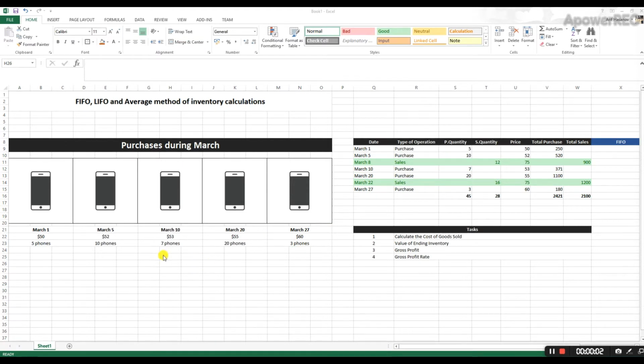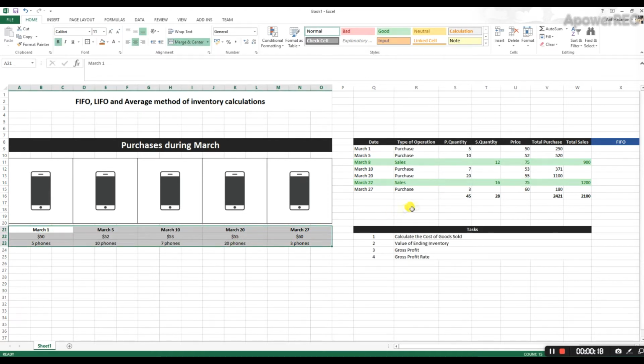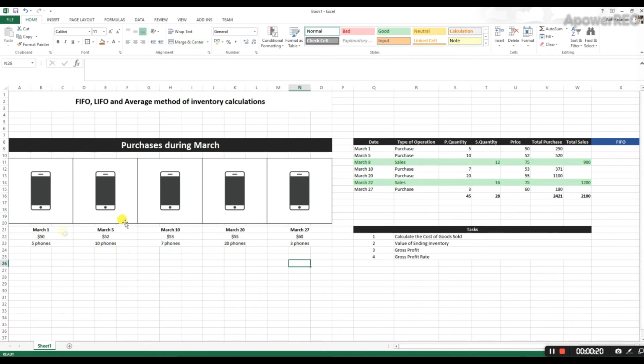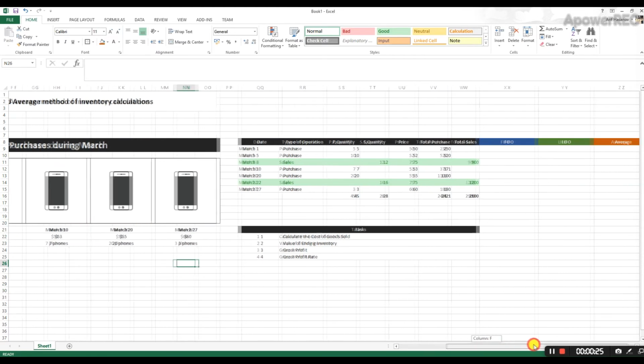That makes a difference because the ones I bought first are cheaper than the ones I bought last. Since my selling prices are the same no matter what my purchase prices were, I have to decide whether to sell the first ones or the last ones.